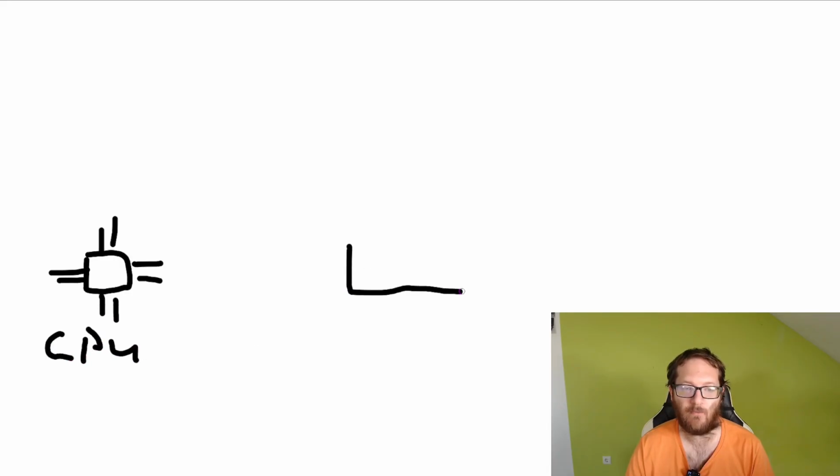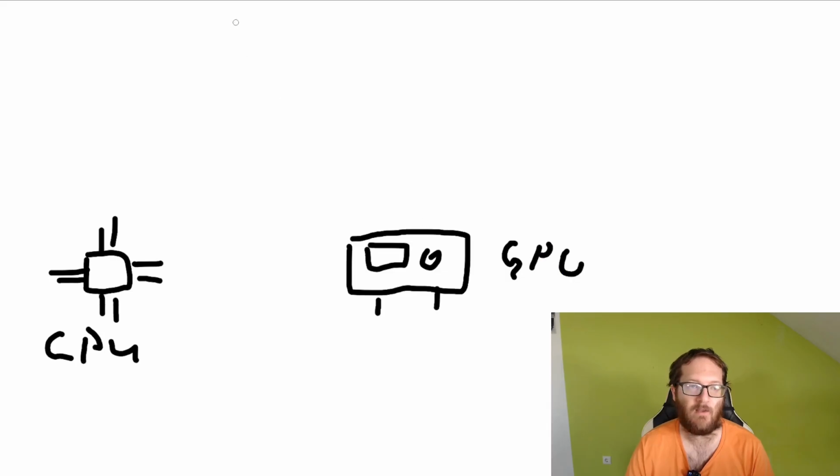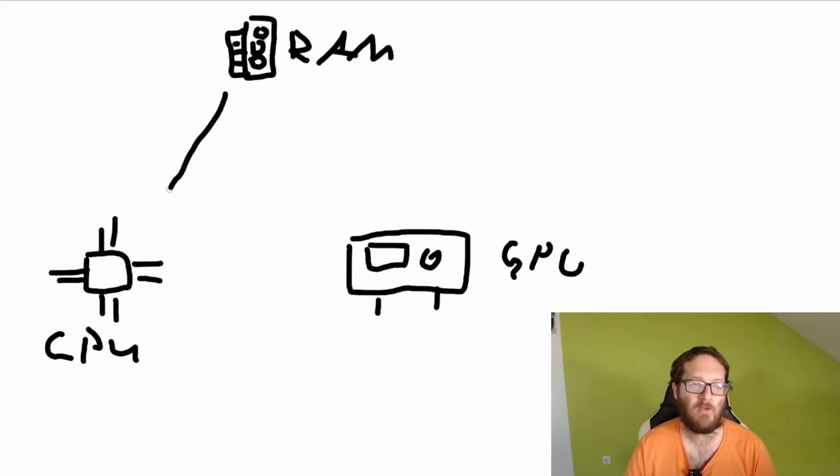On another side, we have the GPU. And on another side, we have the memory, so just the RAM. And we can put them in a triangle.